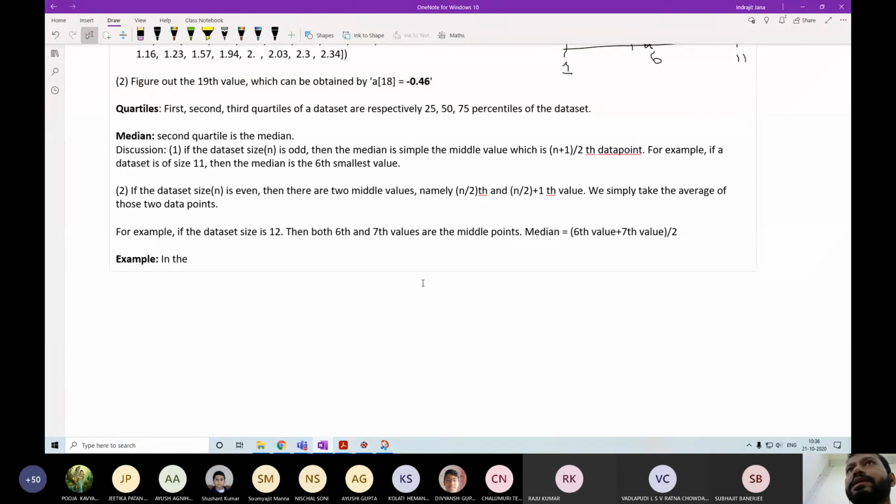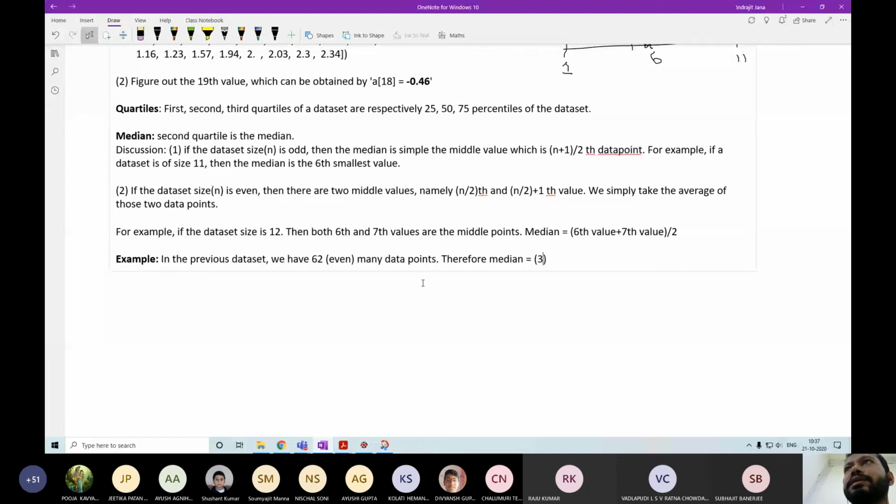So in the previous example, we have 62 data points, right? So therefore, the median is going to be, so there are 2 middle points.